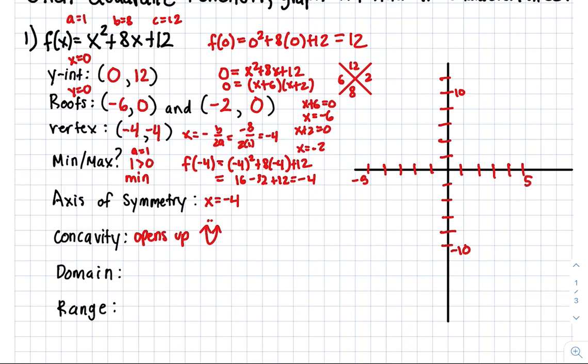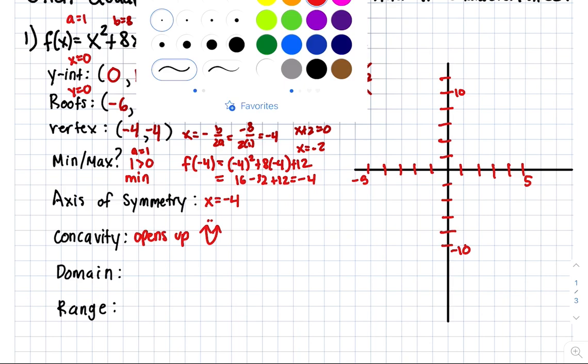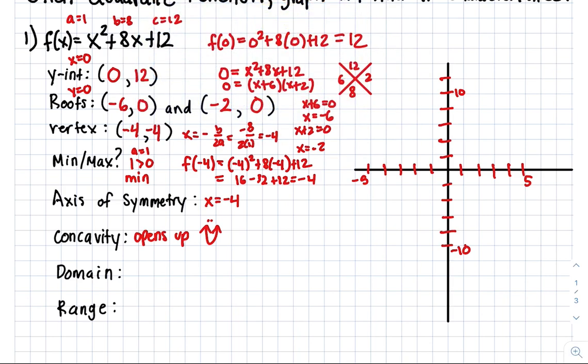Okay, so 0, 12 is my y-intercept, right there. Negative 6, 0 is right here. Negative 2, 0 is right there. And my vertex is negative 4, negative 4.